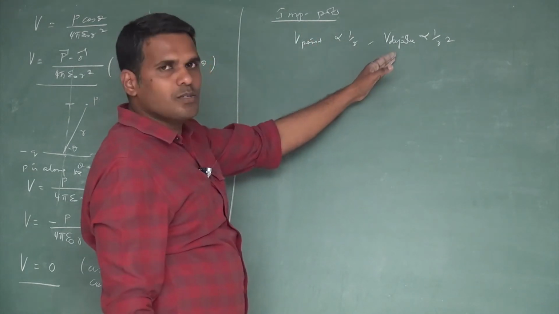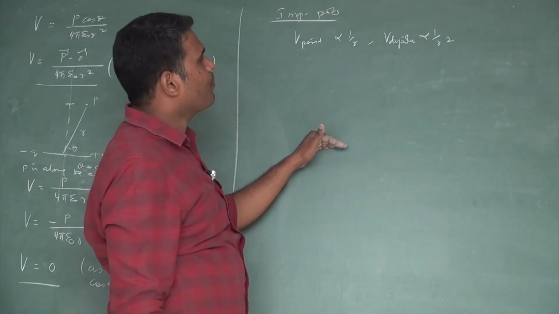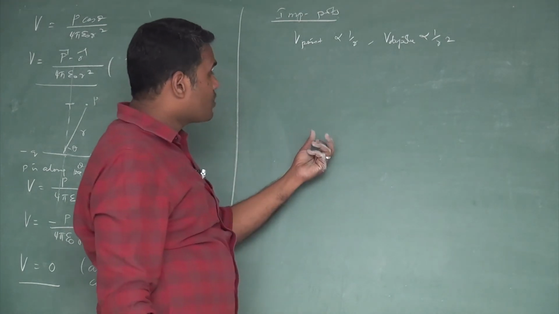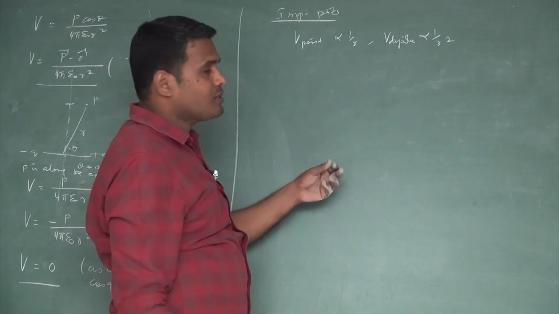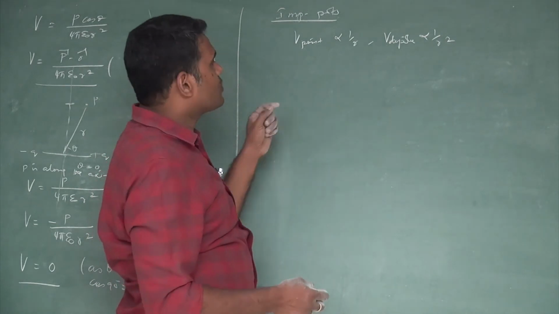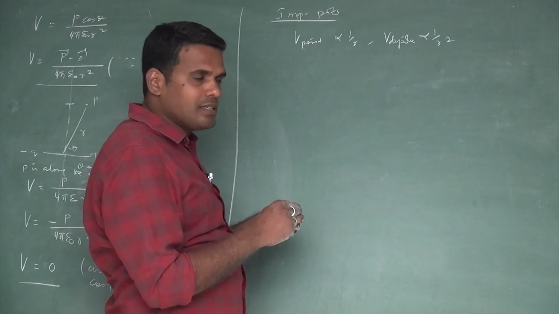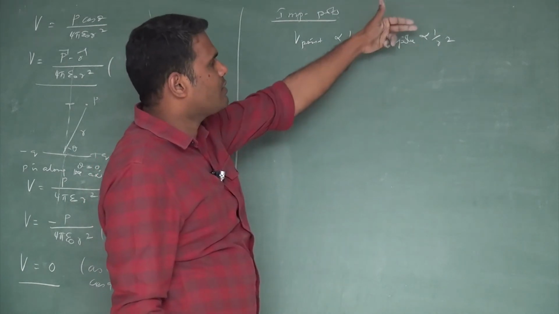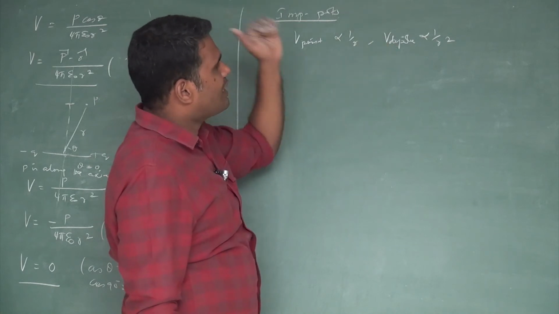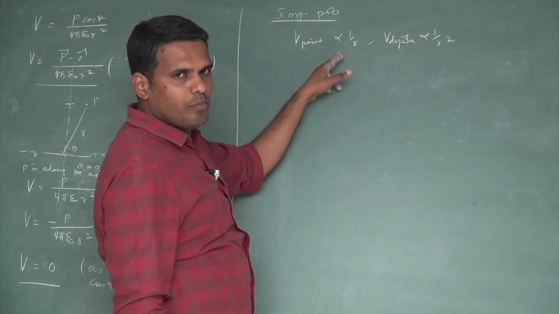As the distance r is much greater when compared to the separation between the two charges of a dipole, the two charges come close to each other and they tend to neutralize each other, so they will not produce any potential at far off distances.